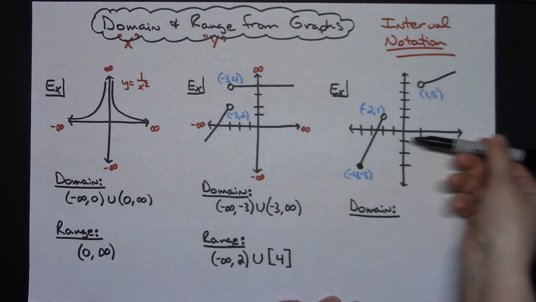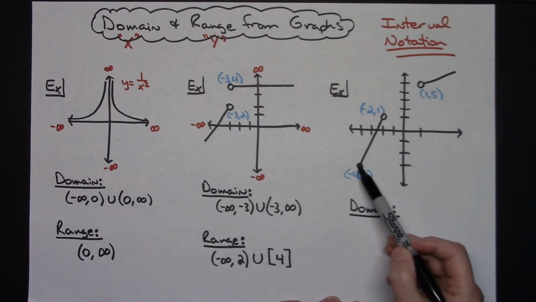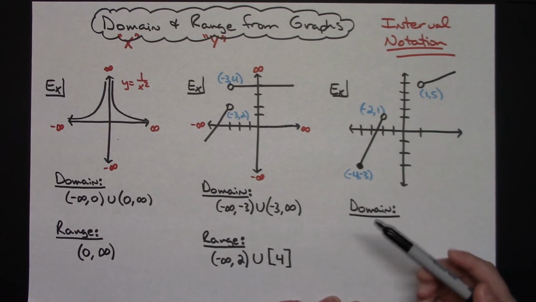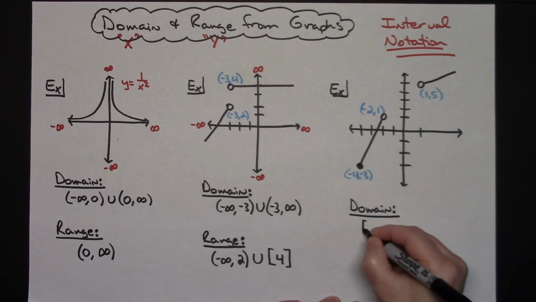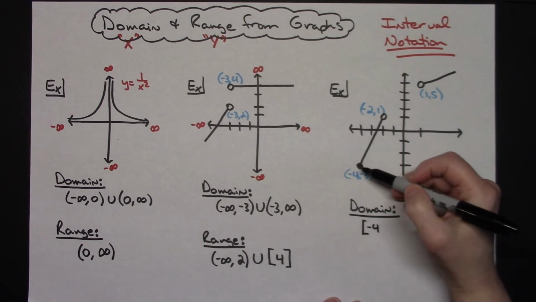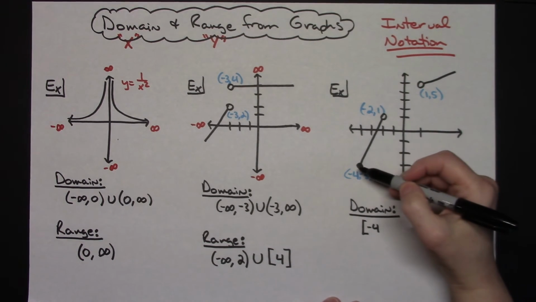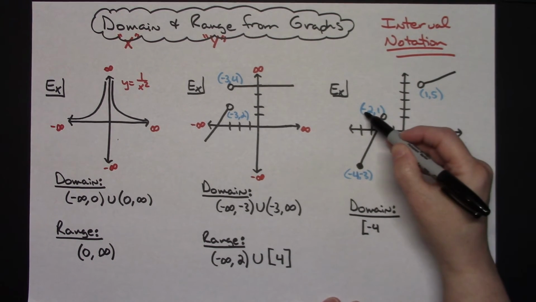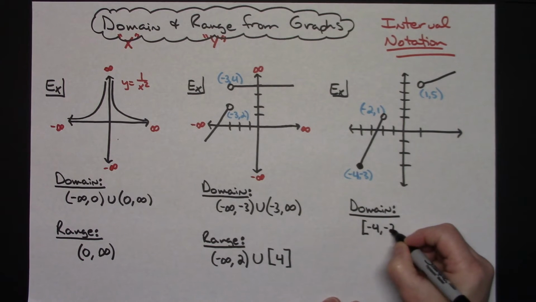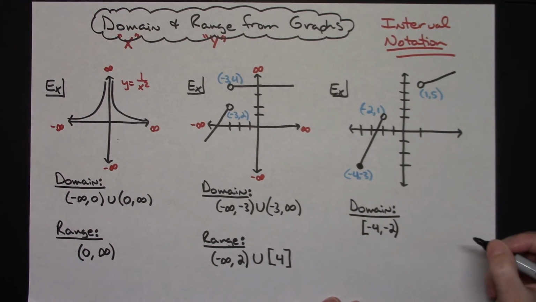Looking left to right across the graph, it starts at -4, but because it's a solid dot, I need a square bracket around the -4 to say I am including that in my graph. And then how far right along the x-axis does it go? Well, it goes till I get to -2, which is an x value. But here again, open dot, I'm not including that -2.